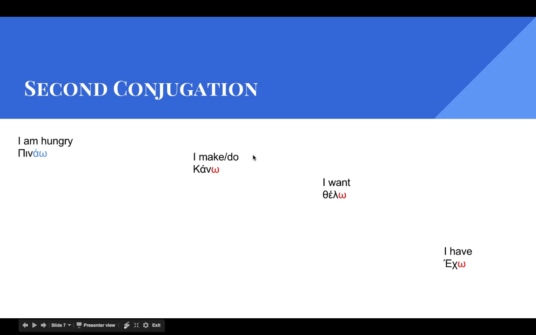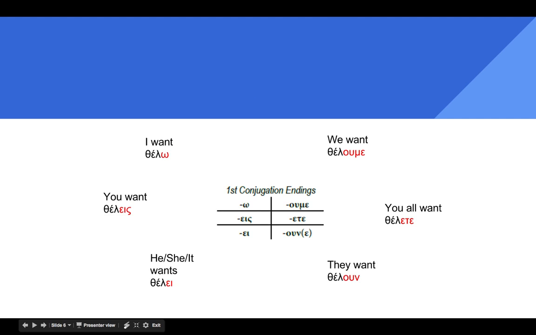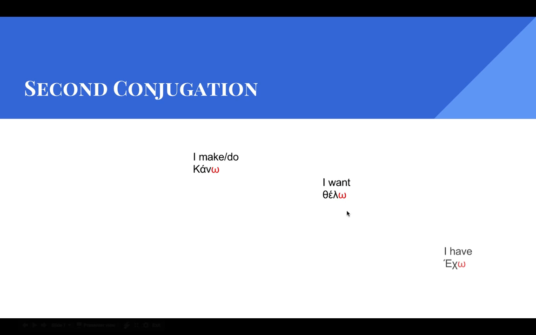Okay, so here we have examples of the first conjugation which I just shared with you. So we have the omega on the end that you'll have seen in the last diagram. These are all the same first conjugation pattern.